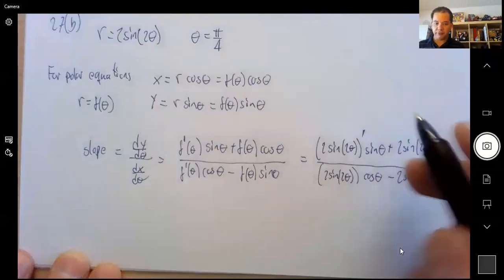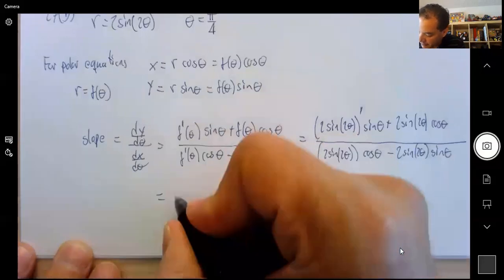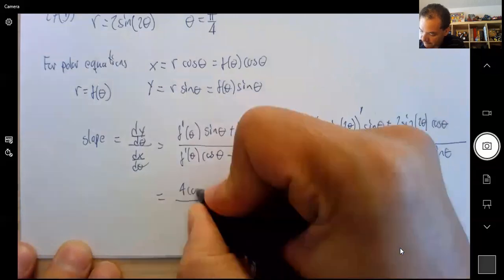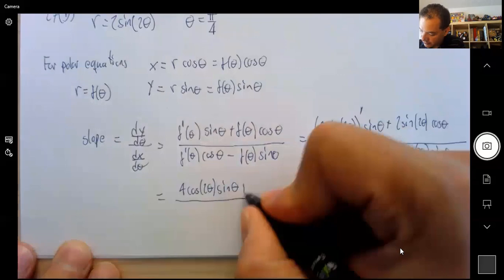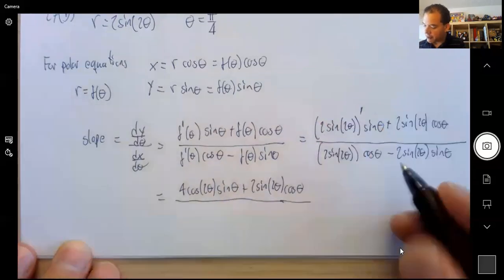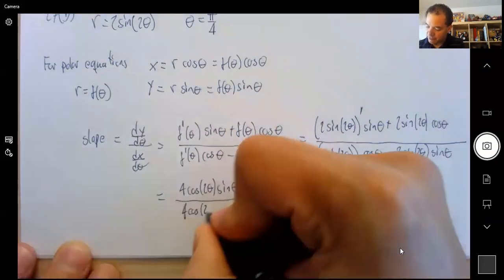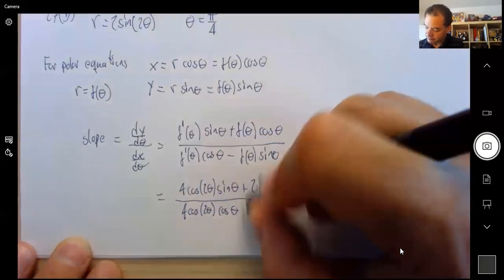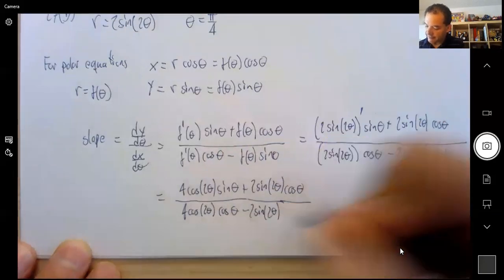And now we need to simply evaluate these numbers, right? What is this derivative? It will be 4 cosine 2 theta times sine theta plus 2 sine 2 theta times cosine theta on the top. And on the bottom is 4 cosine 2 theta cosine theta, no, minus 2 sine 2 theta sine theta.